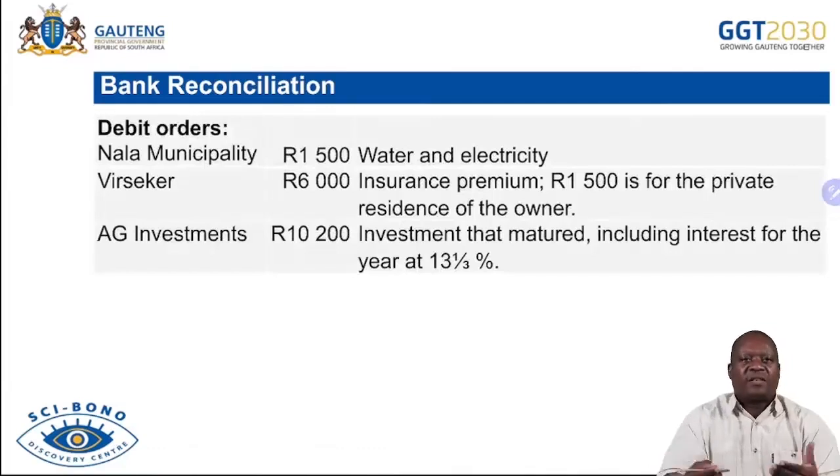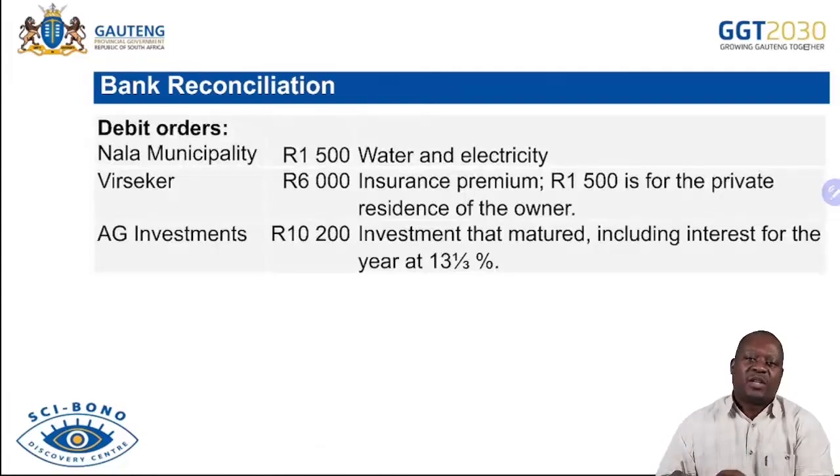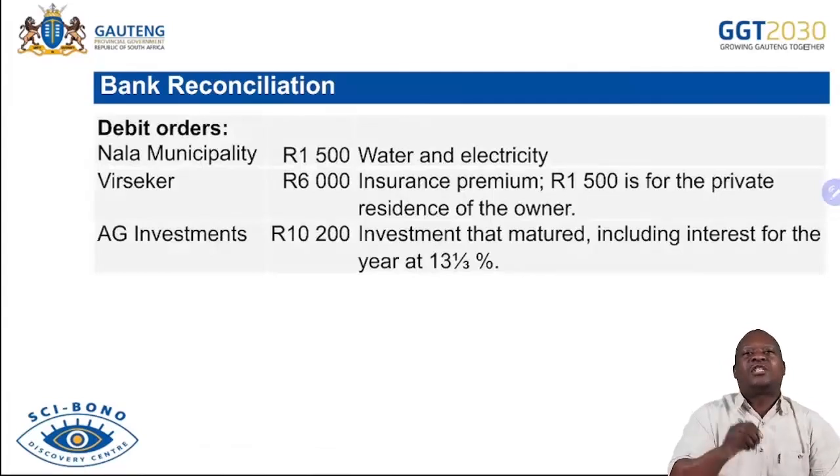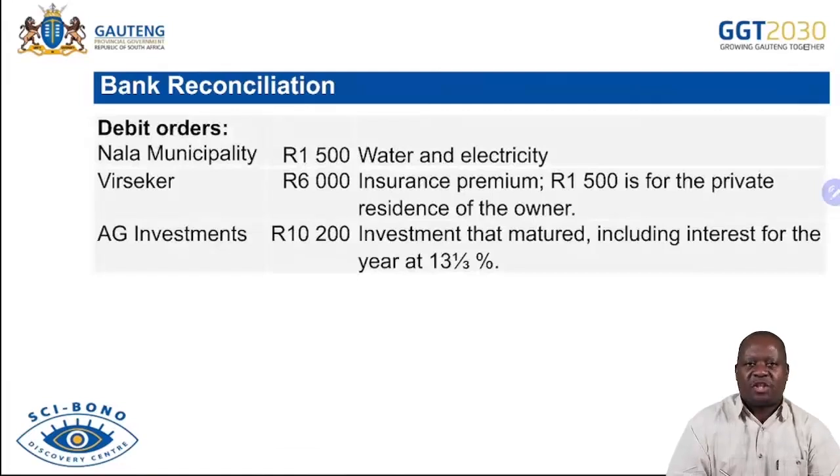And now having the source document, we can record in our journals. So that's why these items appeared on the bank statement, but they did not appear on the CRJ or CPJ. And in this case, these are payments or receipts.